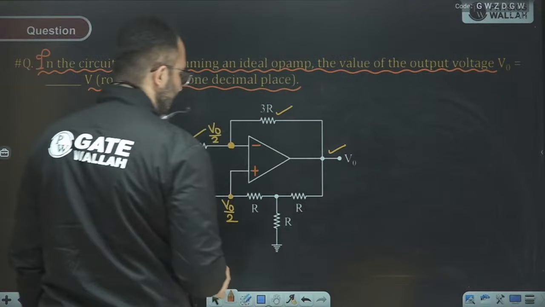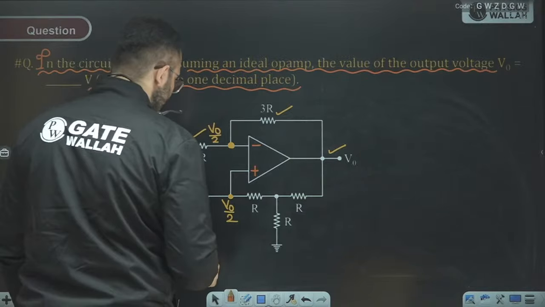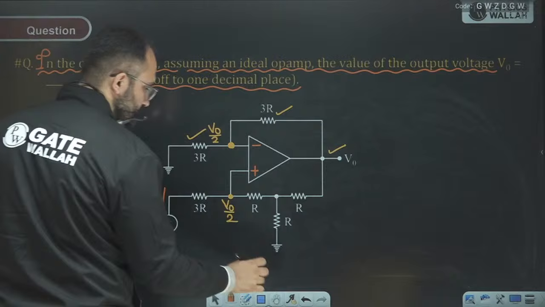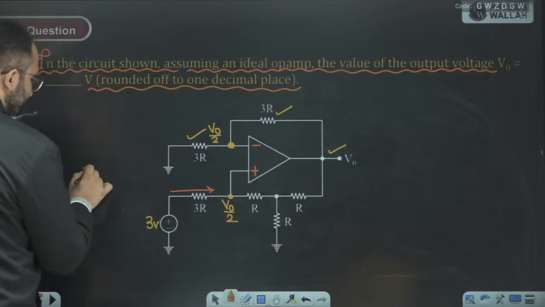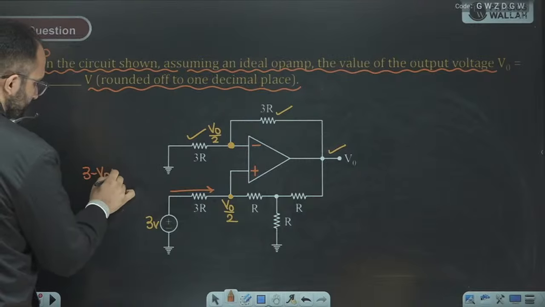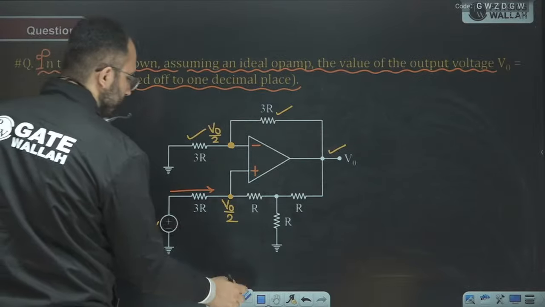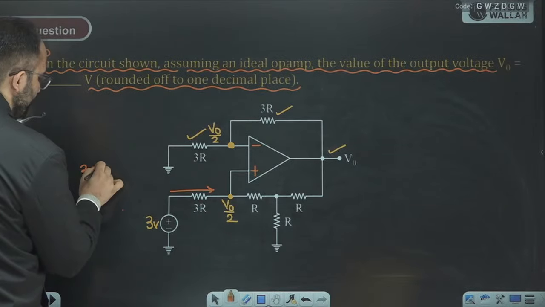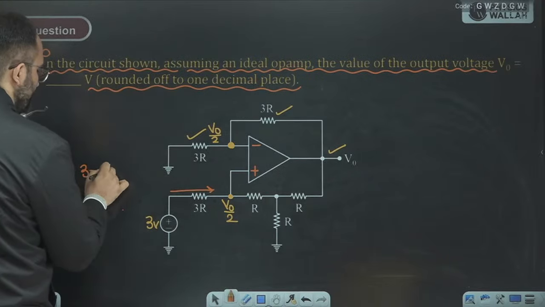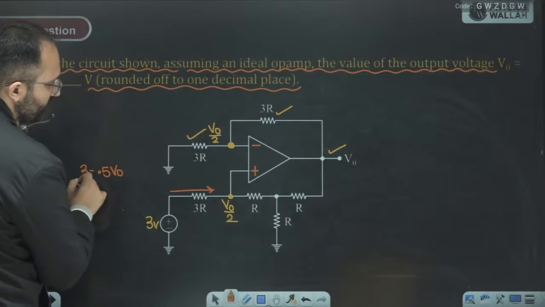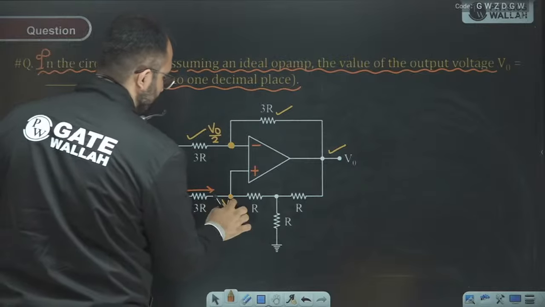Now we can see that the current here will be 3 minus VO by 2, that is 3 minus 0.5 VO divided by 3R.